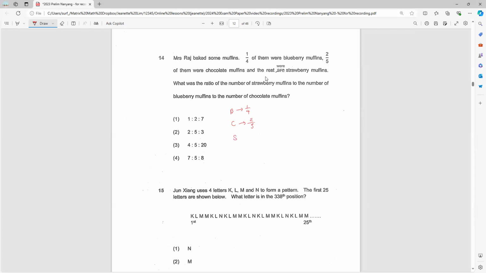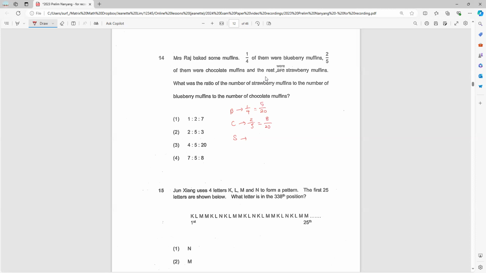Then the rest will be strawberry. What we need to do first is to convert the two fractions into the same denominator so that we can compare across. 4 and 5 common multiple is 20. So I'll change both to over 20. The first one times 5, the second one times 4 to get 8.